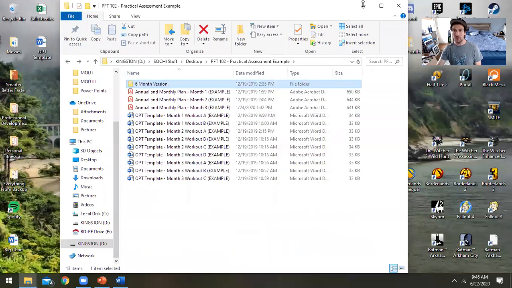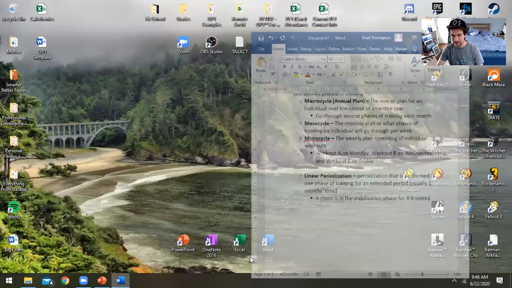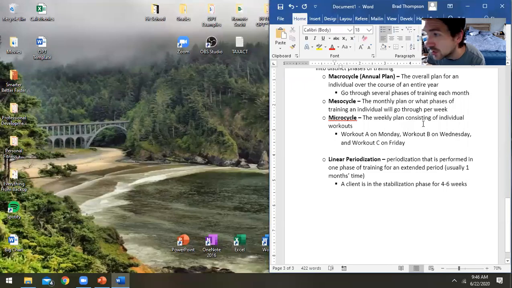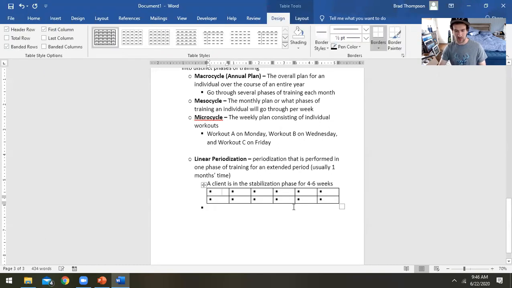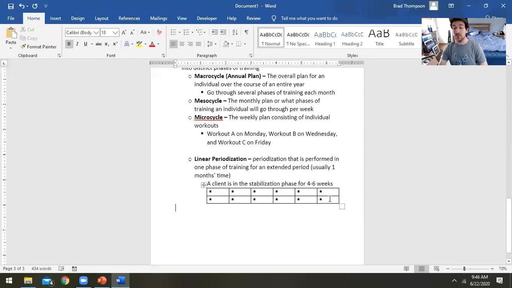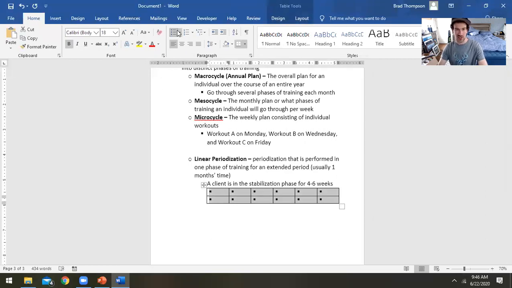All right, we'll make one up. So, linear periodization. Here's a really good example. I'm going to go ahead and insert a table here. I was really hoping to find something I could copy paste. Let's just do 6 months, that isn't so bad. All right. So here's an example of linear periodization, guys.